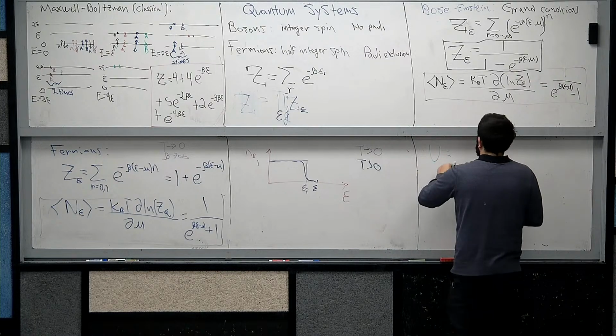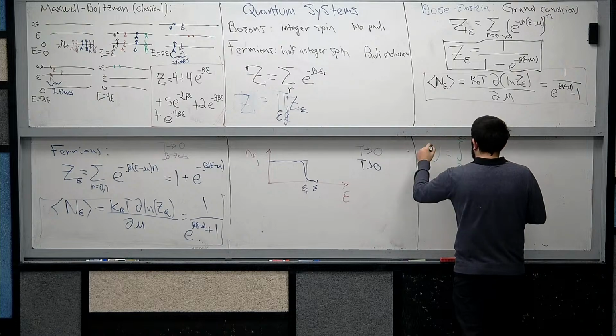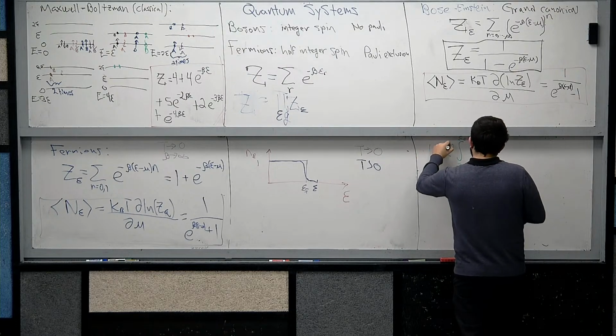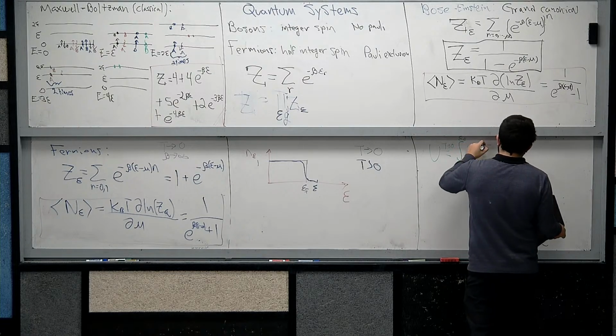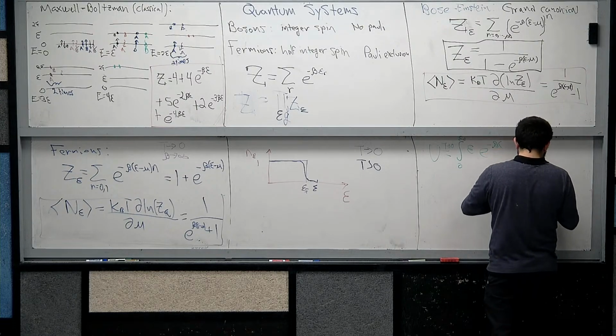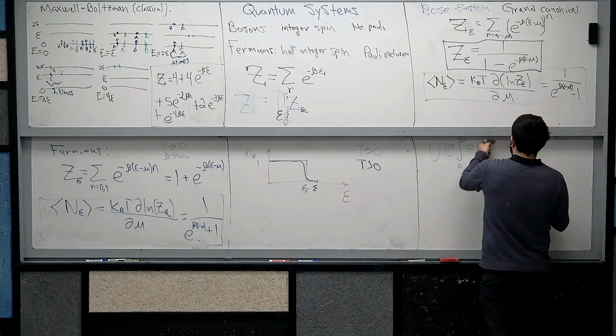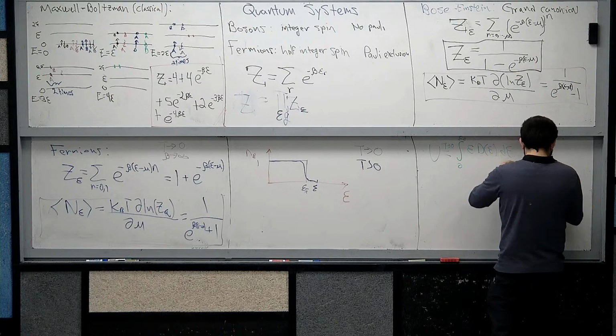So the internal energy would be just an integral up to the Fermi energy at T goes to 0 of epsilon times the density of states, d epsilon.